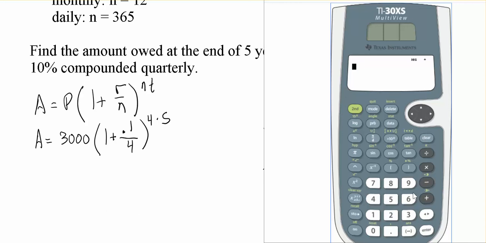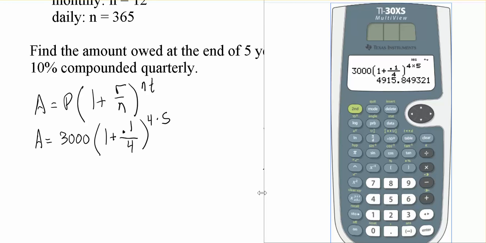So with a good scientific calculator, I type 3,000 parentheses 1 plus, and I'm going to hit the fraction button, the n over d button, and that way I don't have to worry about whether I have my parentheses right. I'm going to type it exactly like it appears. I'll hit the exponent button, where I can just do 4 times 5. Yeah, we know 4 times 5 is 20; you could type 20 if you wanted to.